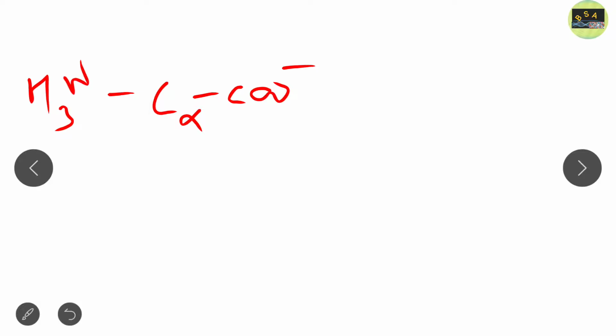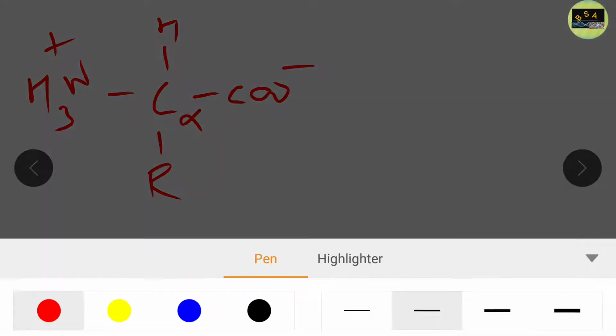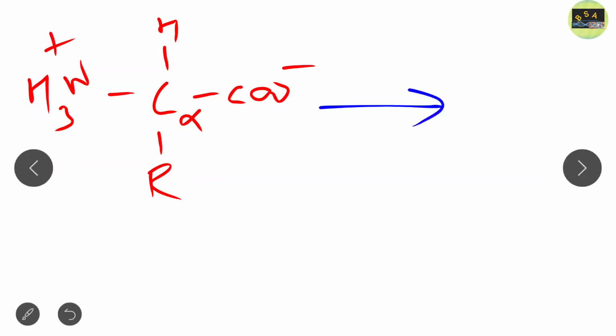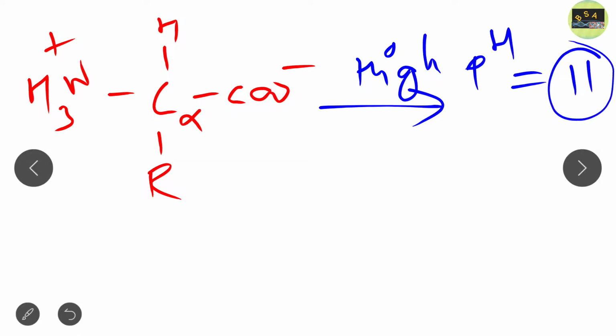Now in another case, this is the Zwitterion. If we put this amino acid in very high pH, say pH 11, then what happens?